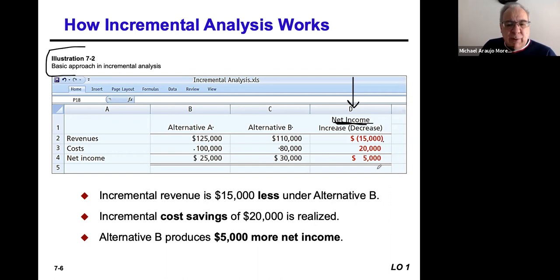The difference would be a $5,000 difference between alternative A and alternative B in alternative B's favor, right? So again, incremental revenue would be less, but the incremental cost savings would be more, meaning the profit could be more. Thus, alternative B produces more profit.